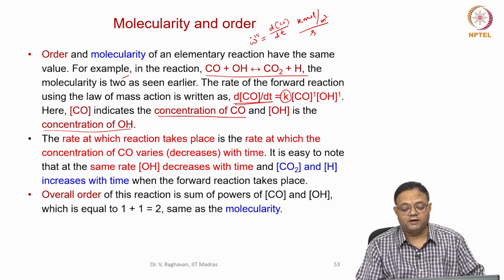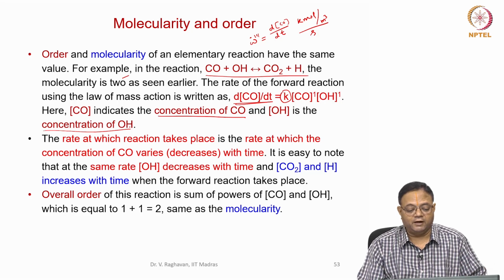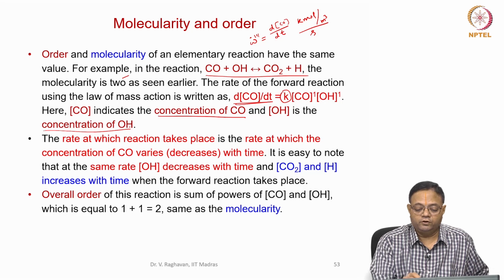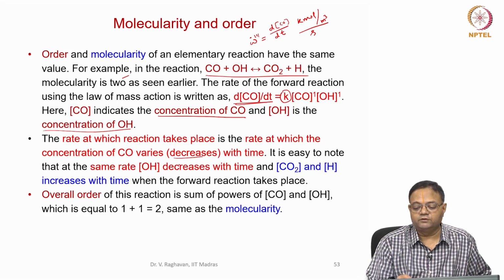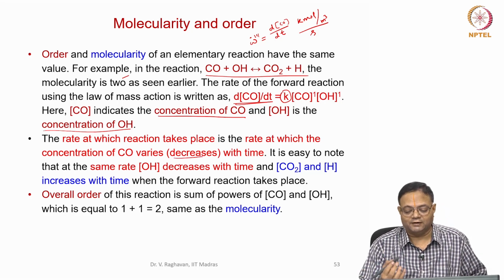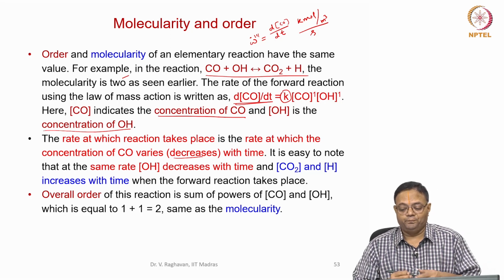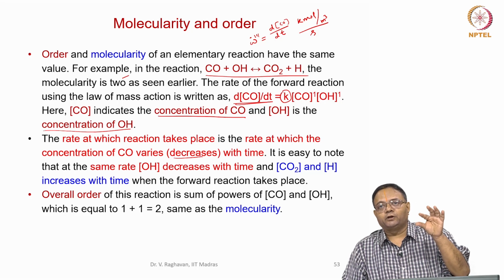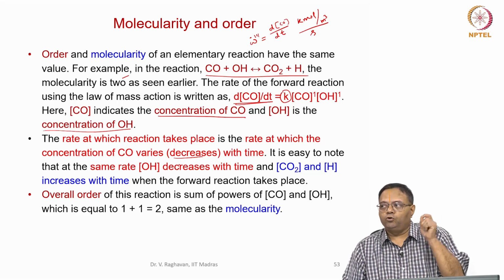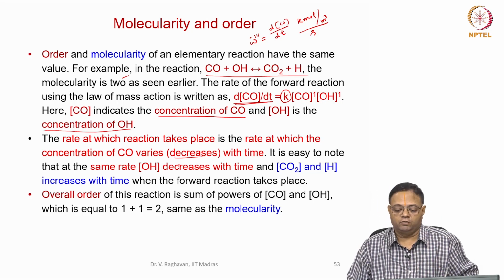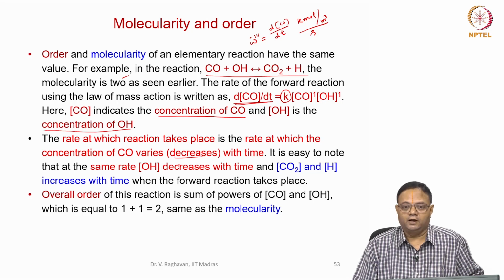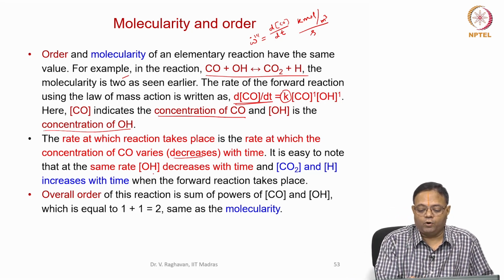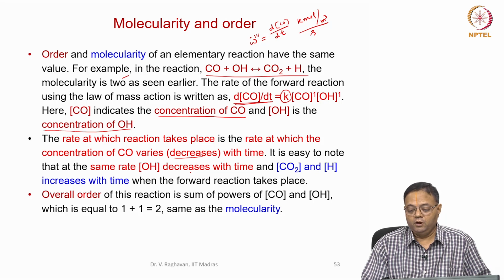The rate at which reaction takes place is the rate at which concentration of CO, since it is a reactant for the forward reaction, decreases with time. So, once CO decreases at a particular rate, OH also should decrease at that rate. Correct. So, at the same rate OH also will decrease with time.